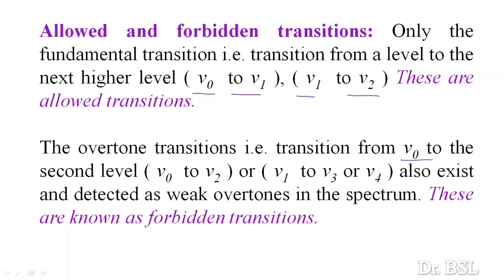The overtone transitions, that is transition from nu 0 to nu 2, higher second level, or nu 1 to nu 3, nu 1 to nu 4, also exist and are detected as weak overtones in the spectrum. These are known as forbidden transitions.